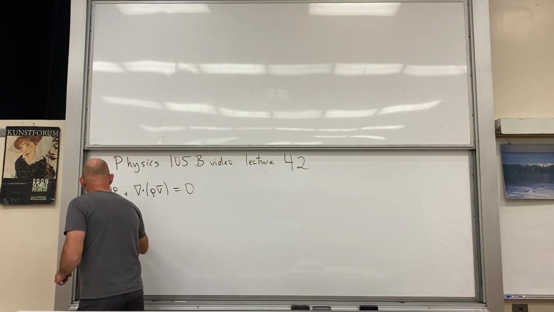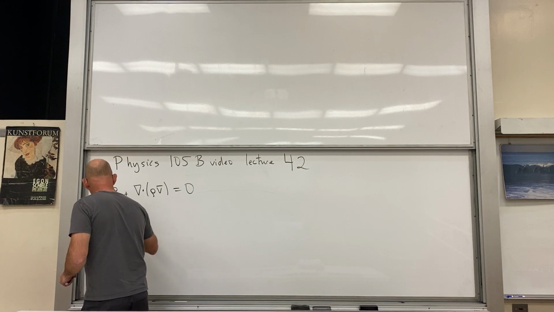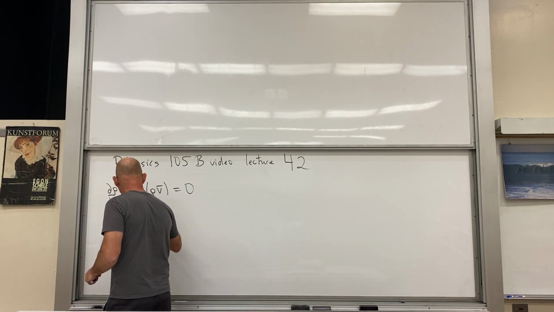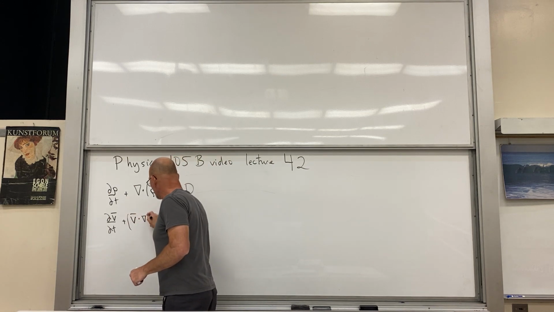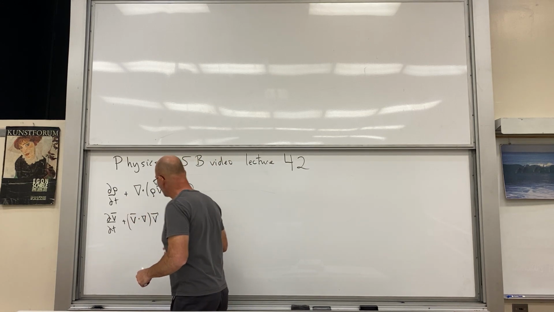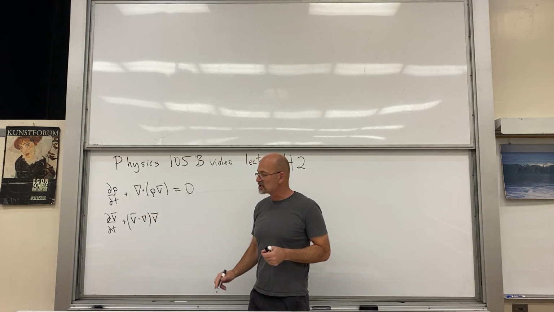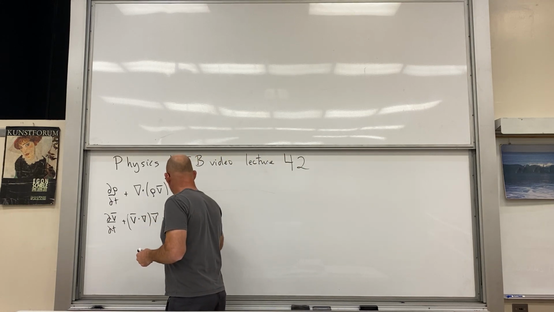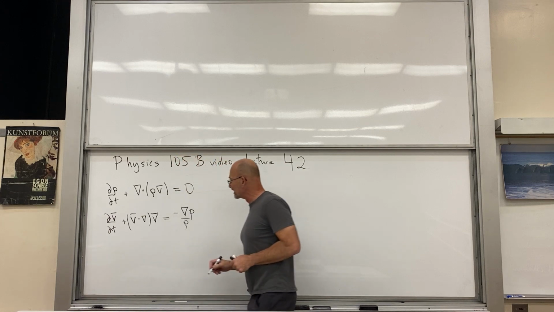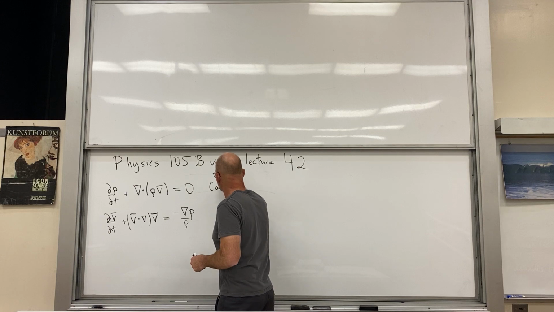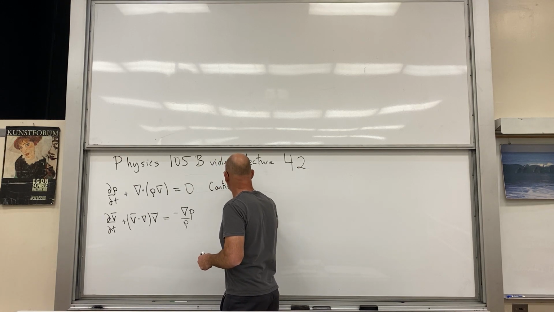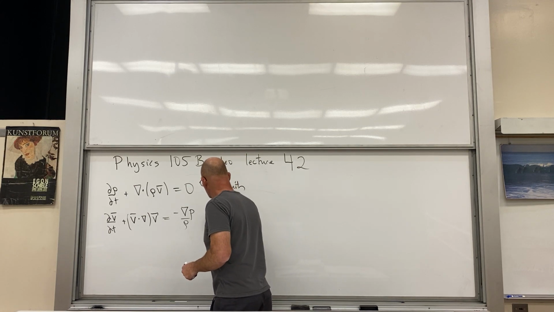Euler's equation, which is really just Newton's law applied to a droplet of water, and that's the left side. That was acceleration, and force was minus gradient of the pressure divided by the density. So this is continuity once again, and this is Euler's equation.